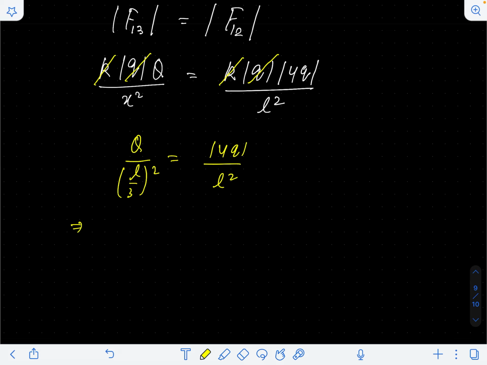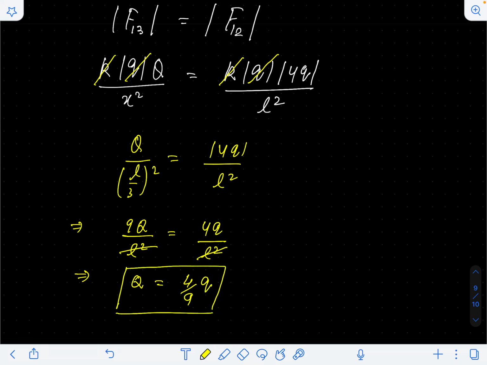So this comes out to be 9Q divided by L square equals 4q divided by L square. So these terms cancel each other. Further, the capital Q is nothing but 4 by 9 of small q. So this is its magnitude.